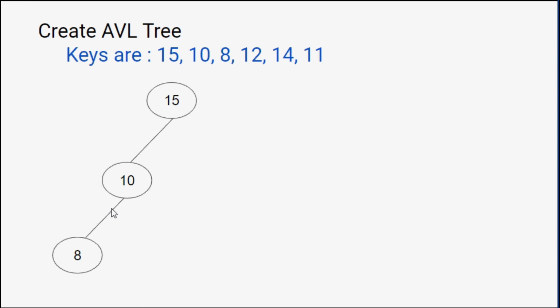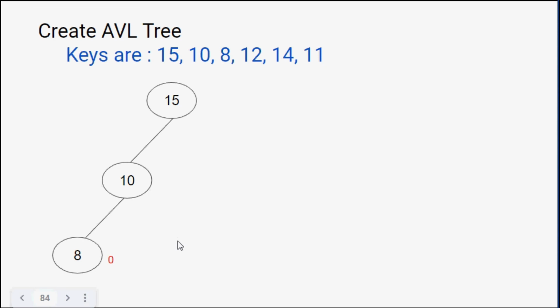First of all, we know that a leaf node has a balance factor of 0. We have already discussed that. Now next is 10. What is the height of the left subtree of 10, which is 1.